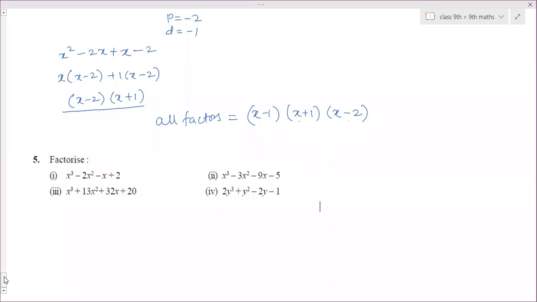Yes, x plus 1. Okay, ma'am. Ma'am, I'm not getting minus 1. It will come. You are again doing the same thing. Minus 1 square is plus, minus 1 you have taken. No, no. Then 32 into minus 1.